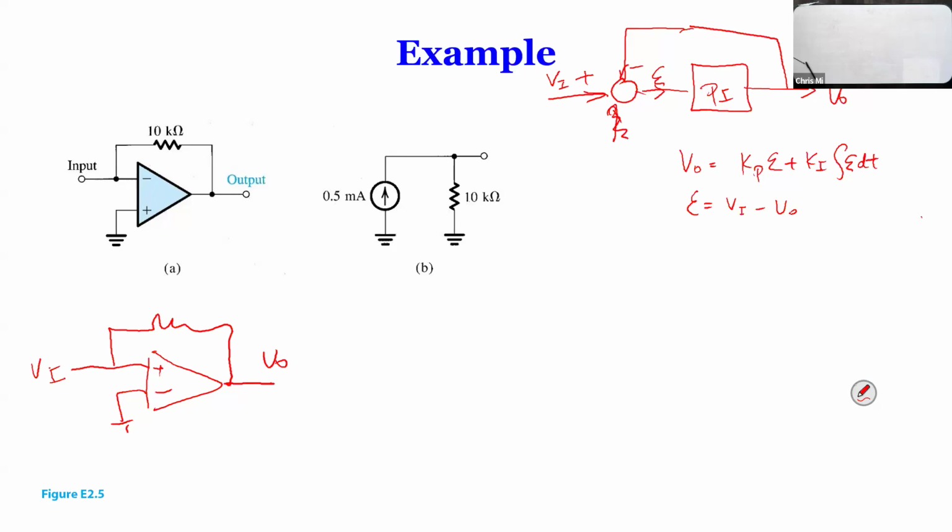If epsilon is 0, the integral adds nothing, but whatever initial value is there remains. So integrator means initial value plus whatever it goes up, so it's a constant. So if VO and VI are the same, the output becomes a constant.